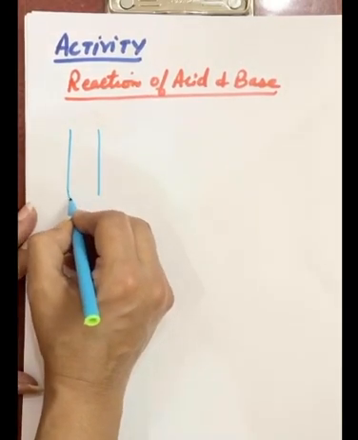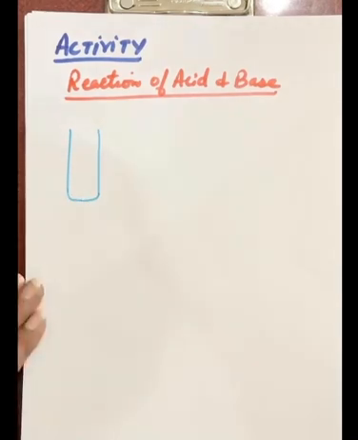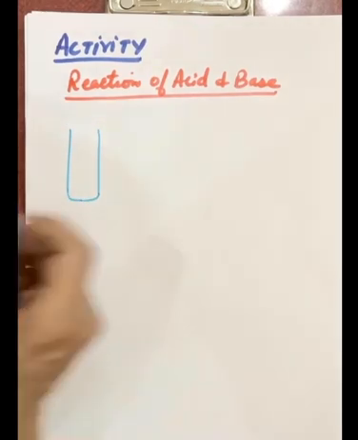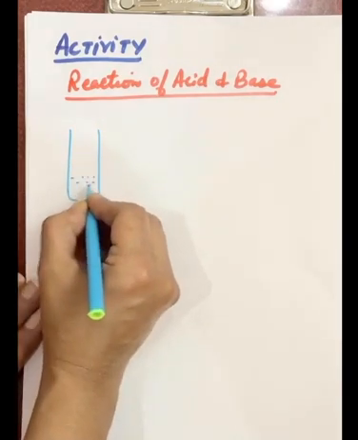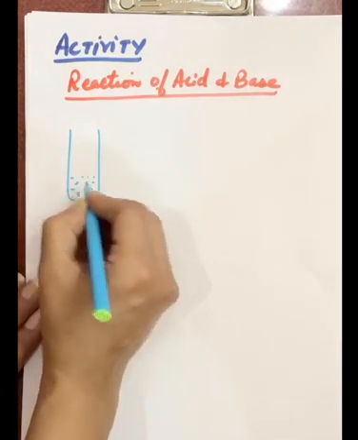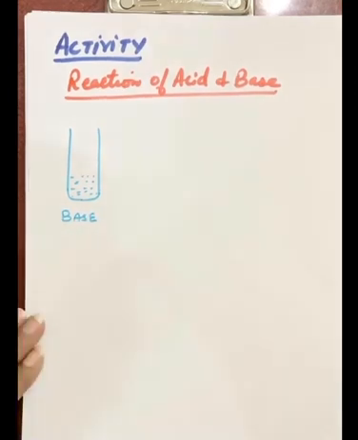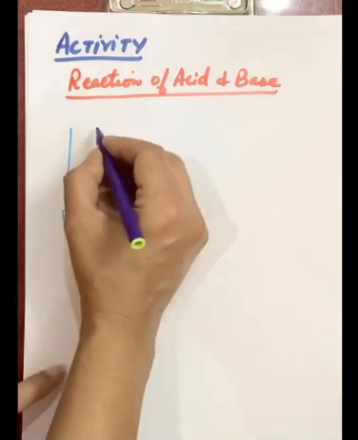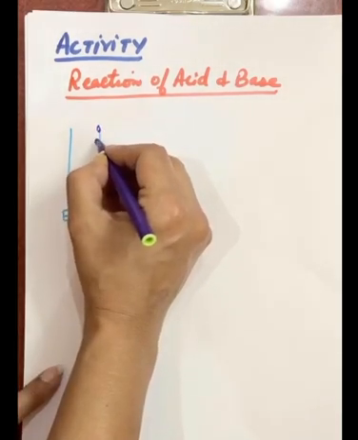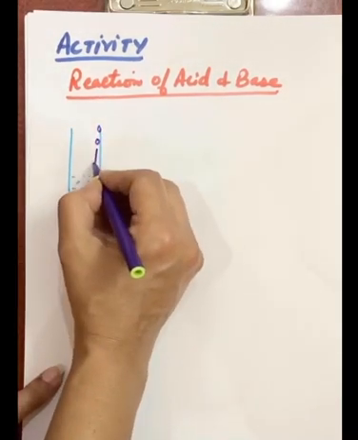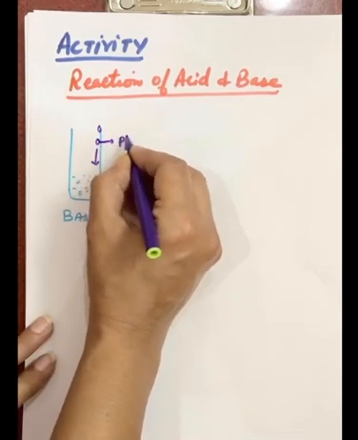In this test tube, we are taking sodium hydroxide. A base is taken here. Which base are we taking here? That is sodium hydroxide. This is a base. And then to this base we are adding phenolphthalein, just 2 drops of phenolphthalein.